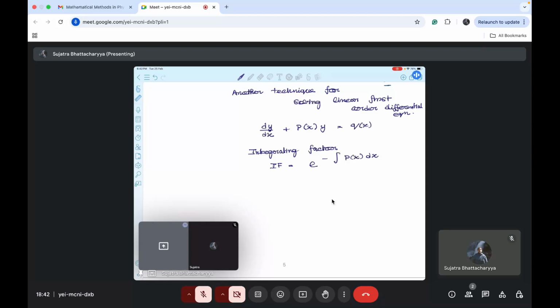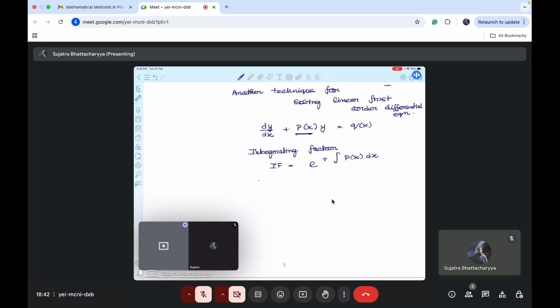This is how you write it. Okay, I'm sorry, this will be plus. Integral of P(x) dx, whatever is with y. Remember, the differential equation should be of this form. Only if it is of this form can we use this. Okay, so the integrating factor is this.